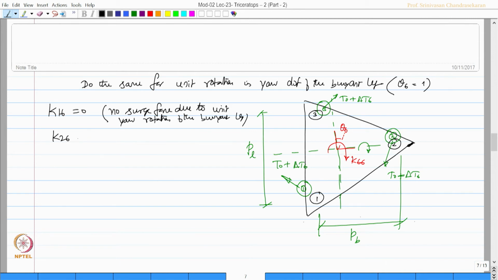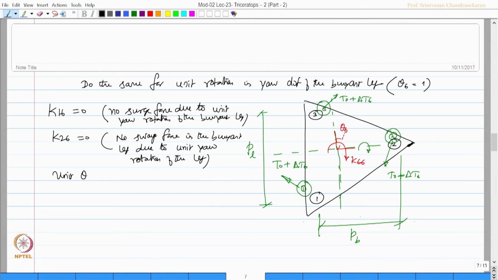K26 is also 0. So, we should say no sway force in the buoyant leg due to unit yaw rotation of the leg. So, by giving unit rotation, that is, let us impose unit theta 6 to the legs.